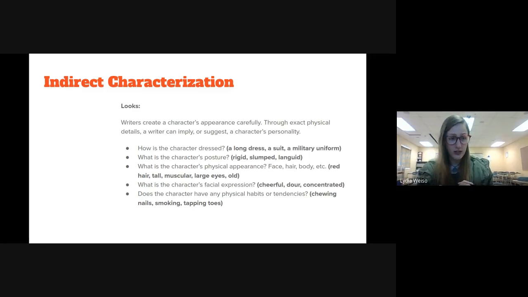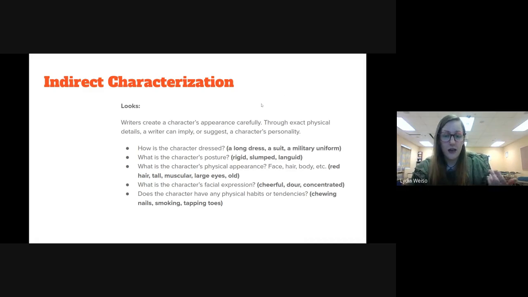If their posture is rigid, they're very tense. If their posture is slumped, again, are they sleeping? Are they injured? Are they tired, lazy? Keep reading to find out. Is it languid? Are they just chillaxing like a Greek god on a couch? That says something about who they are.